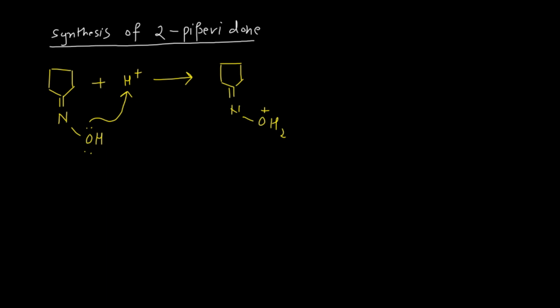If you number it, this is 1, this is 2, this is 3, this is 4, this is 5. And this group will migrate because this linkage between carbon 4 and 5 has the anti relation with this leaving group, so it will migrate and this will remove from here, minus H2O.